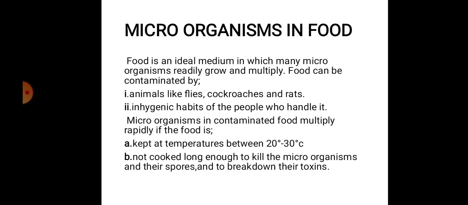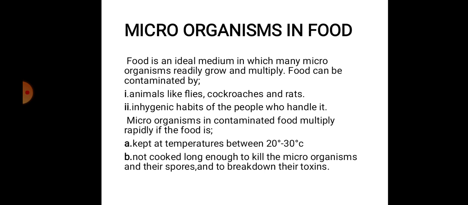is taken care of. Microorganisms in contaminated food multiply rapidly if the food is, one, kept at a temperature between 20 degrees to 30 degrees Celsius; or two, not cooked long enough to kill the microorganisms and their spores and to break down their toxins. So don't always eat half done food.